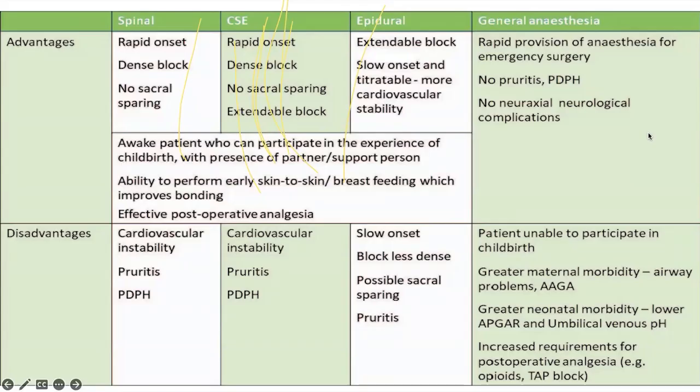We have greater maternal morbidity related to airway problems and accidental awareness, greater neonatal morbidity due to low APGAR score and umbilical venous pH going down, and increased requirement for post-op analgesia with opioids and other drugs.